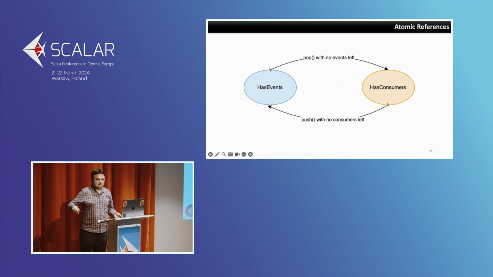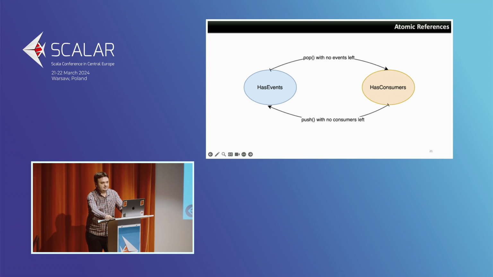So we can model a state machine, in this case with two states in it. We start with a has-events state, for receiving events as long as there aren't consumers available. And then we evolve to a has-consumer state when we receive a POP request with no events left.